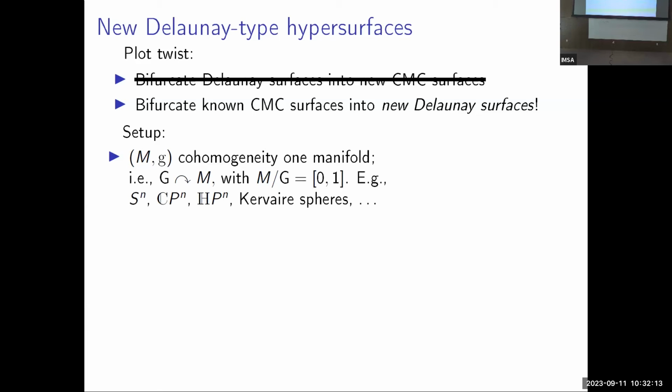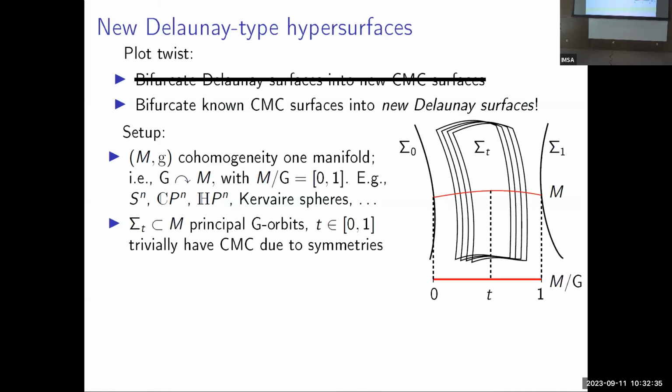So it basically has to be a compact interval, with two critical points. And these include a lot of examples, including these exotic Kervaire spheres, these spheres with non-standard differential structures, or spheres of complex or hyperbolic projective spaces.